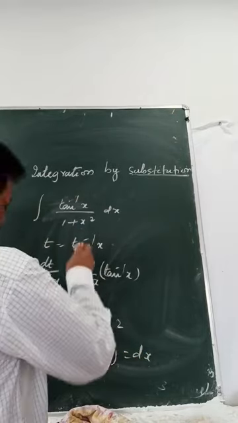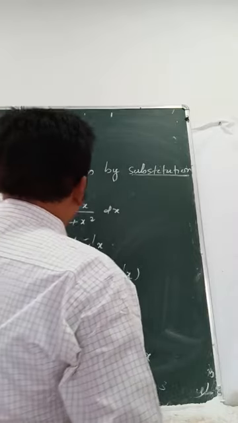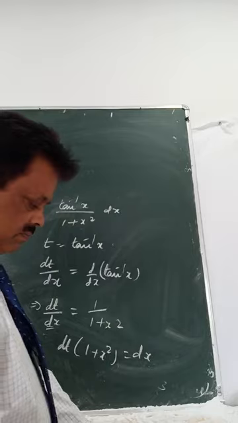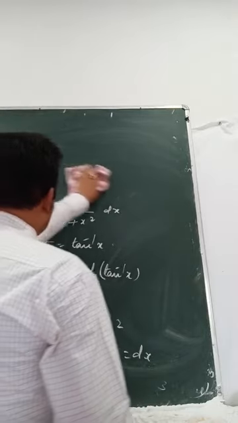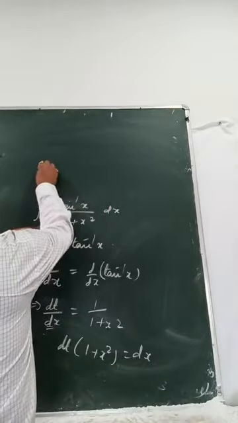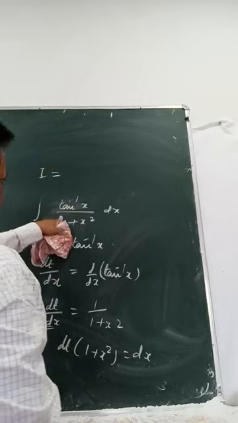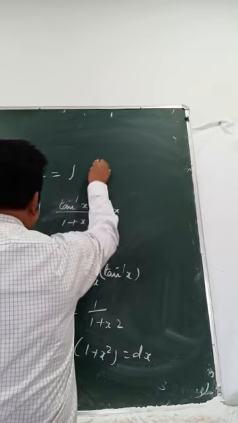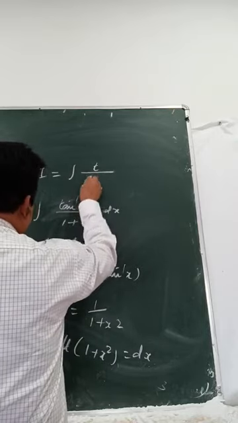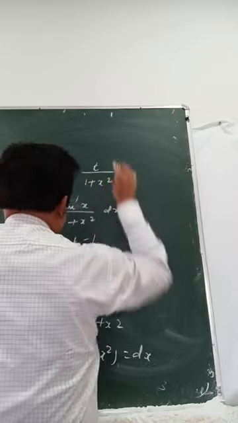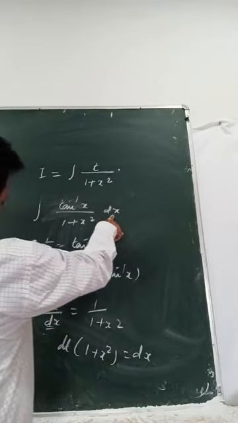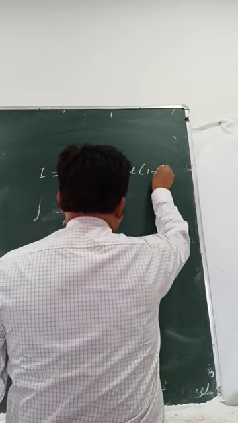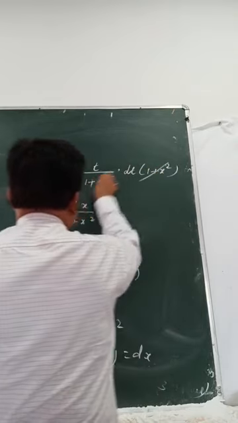Now what we'll do is, I is the integrand, I equals to this. So in place of tan inverse x you are writing t by 1 plus x square. In place of dx you are writing dt into 1 plus x square. This gets cancelled.